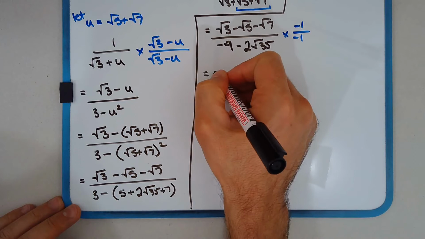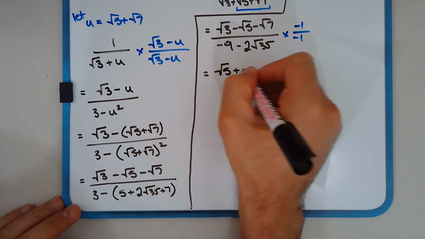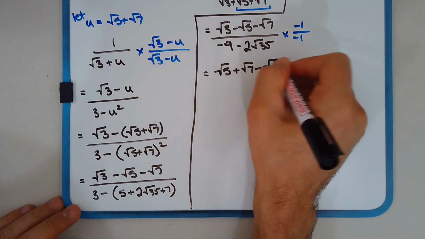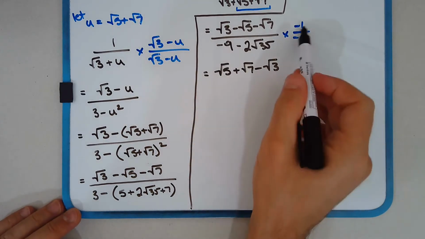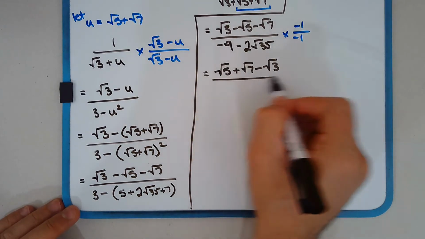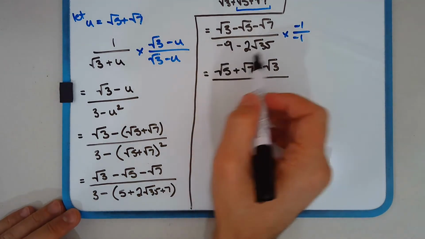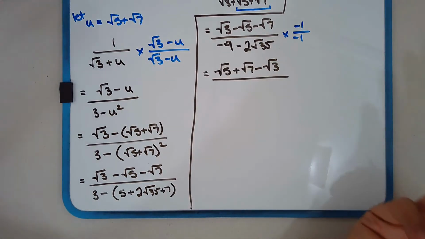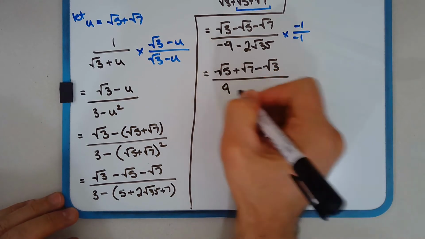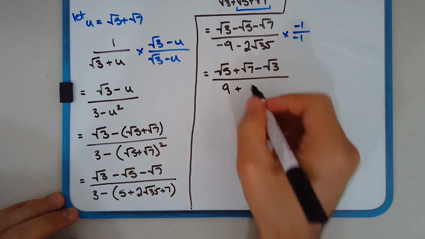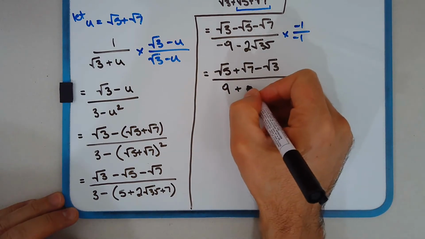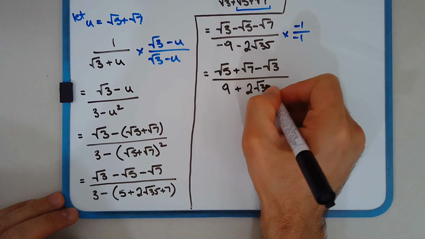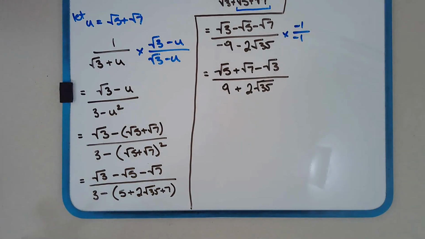So we'll end up with root 5 plus root 7 minus root 3 this time, because when you multiply by negative 1, you're reversing the signs, aren't you? And in the denominator, the negative 9 and the negative 2 root 35 become positive. So it's kind of nice: 9 plus 2 root 35. So far so good.